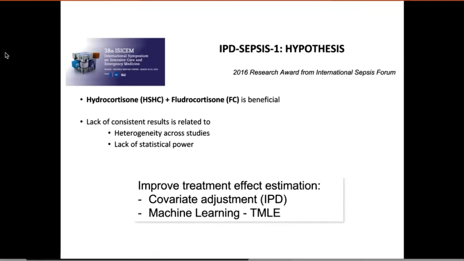So what we wanted to do at this time was to be able to use the individual patient data from the major randomized trials to combine them into an individual patient data meta-analysis with the goal of being able to adjust for severity and for other covariates. And we wanted to do that by leveraging machine learning and a particular class of estimator called TMLE, which I'm sure you all know about. Next slide.